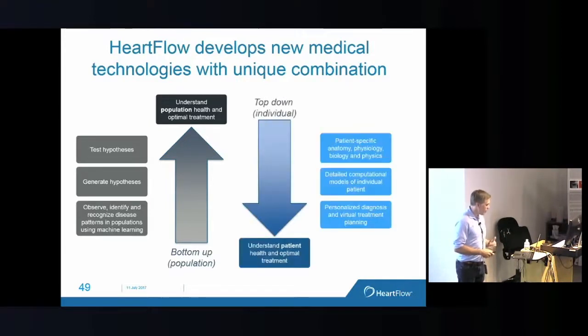So one of the things I'm really most excited about at HeartFlow is that we're also trying to look at it from the bottom up to understand what's happening with that patient from the anatomy, from the physiology, to be able to calculate what might happen for this patient under certain circumstances, and then also look across a wide population of patients to generate hypotheses that we can then try to validate and better model and better calculate what's happening with individuals.